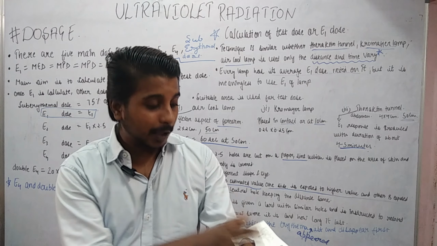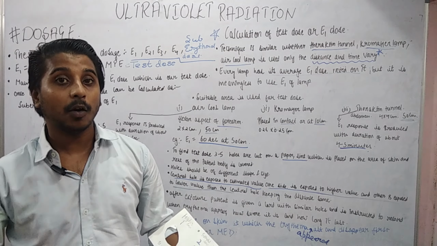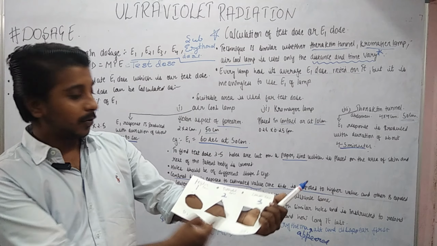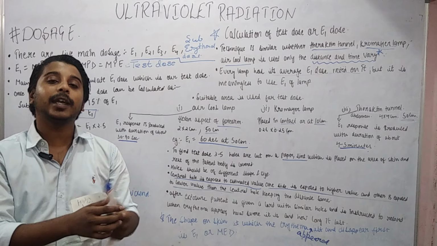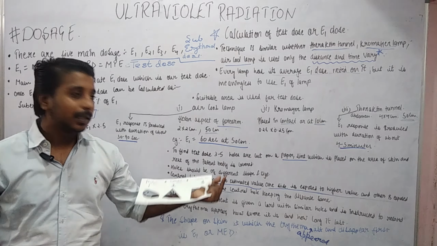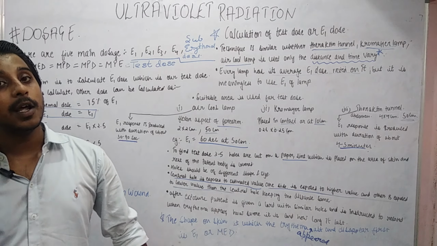The dose which we are calculating will be 60. But we need to check, because we don't know whether the patient has thick skin or is sensitive. If he is sensitive, the dose will be reduced, and if the skin is thick, the dose will be increased. So this is the significance. We are going to check whether this dose is the same for the individual or not.